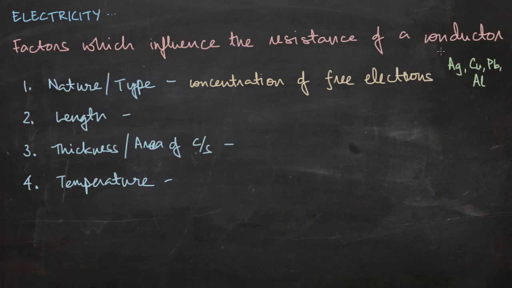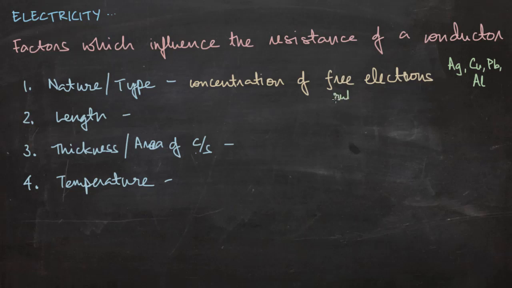lot of free electrons. But on the other hand, if we take examples such as rubber, wood, glass, etc., these kinds of materials do not have a large number of free electrons. That is, the concentration of free electrons in such substances is very less. Let me just write that down here.